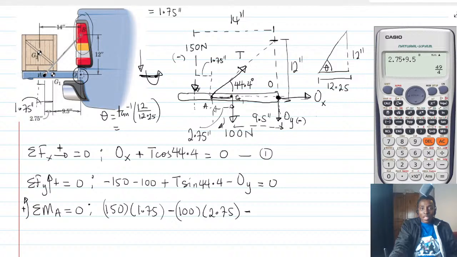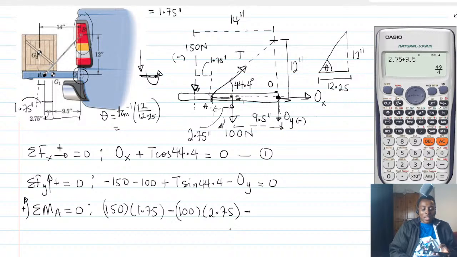The whole distance up to A is 9.5, and then you add it up to 2.75. So 9.5 plus 2.75. What is that? That is 12.25, right?